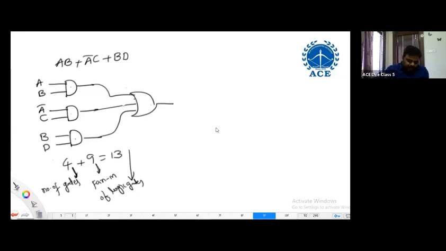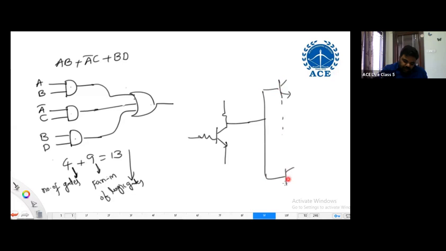Let me explain. Yes, if I use a simple RTL logic family, it is producing output. Now, this output is connected to n number of logic gates. Understand correctly? It is connected to n number of logic gates. When this transistor is off, it is producing logic 1 output.